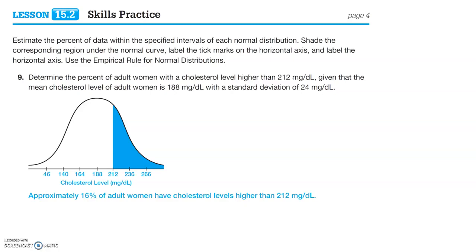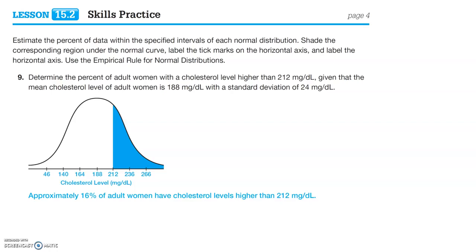So it says determine the percent of adult women with a cholesterol level higher than 202 milligrams per deciliter, given that the mean cholesterol level of adult women is 188 with a standard deviation of 24. So you are given what is needed.